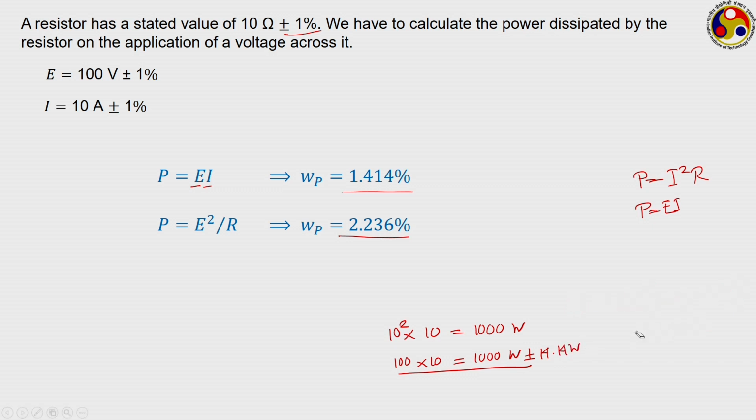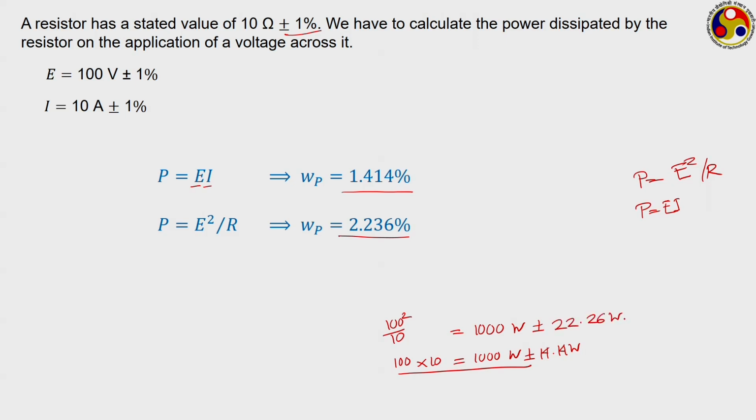if we follow P equal to E square by R, it is only using the potential. So, it is E square by R, where E was 100, squared, divided by R. Again you are going to get 1000 watt, but the corresponding error possibility is 22.36 watt.